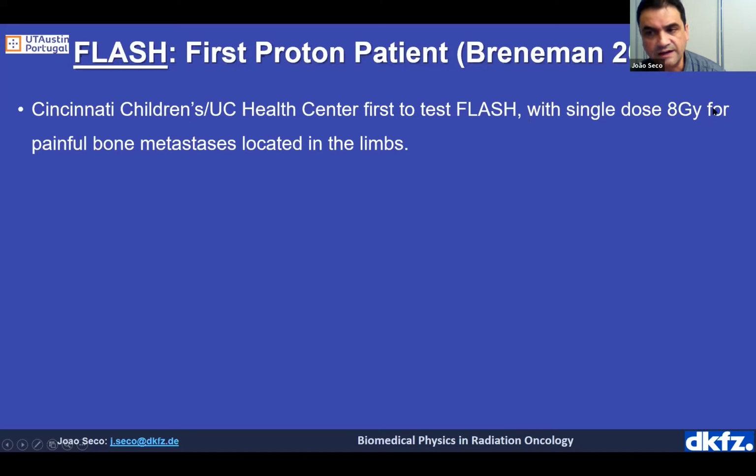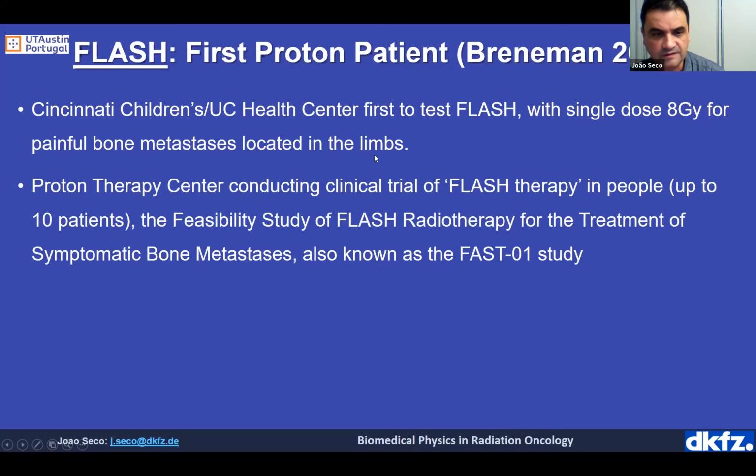They've treated a single dose of 8 gray for a painful bone metastasis localized in one of the limbs. All right. And the proton therapy center is conducting this trial, and they will recruit up to 10 patients as a feasibility study to study flash radiotherapy on symptomatic bone metastasis. And the trial is called FAST-01.